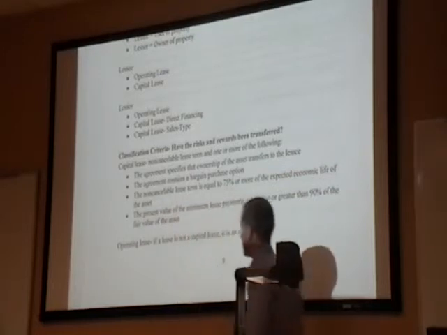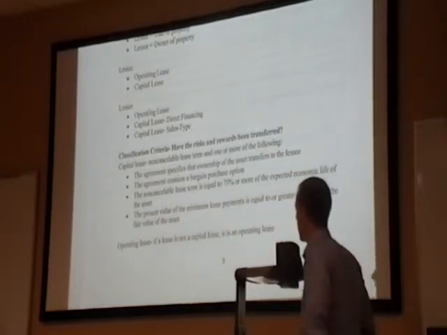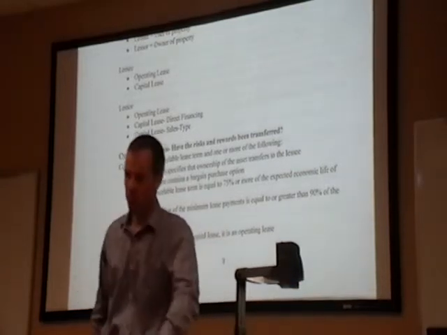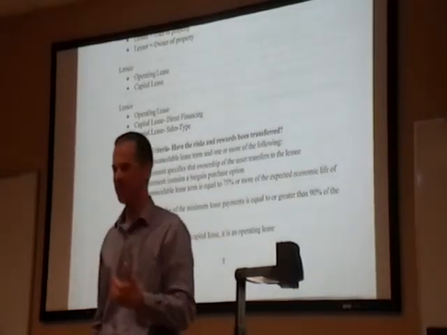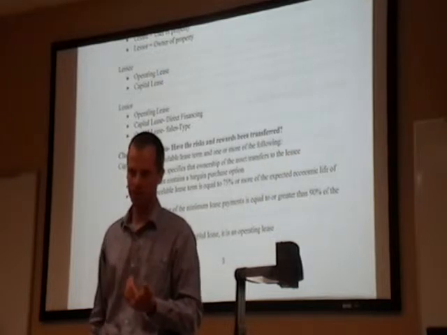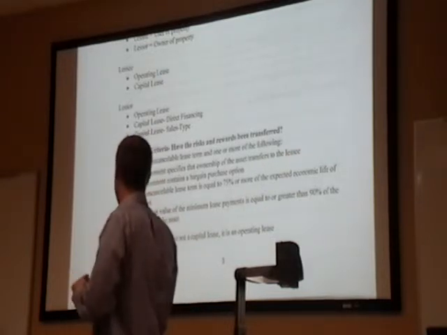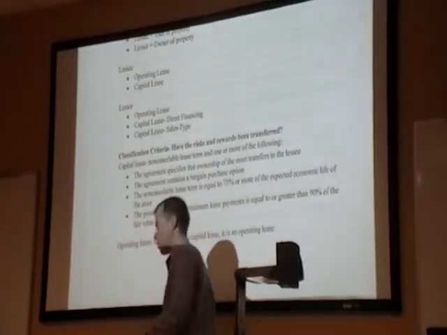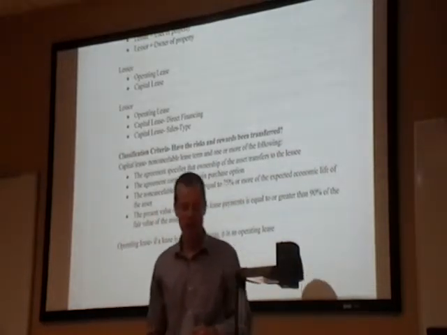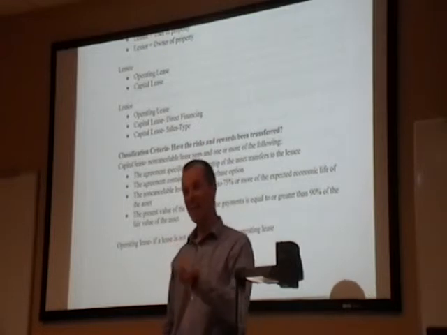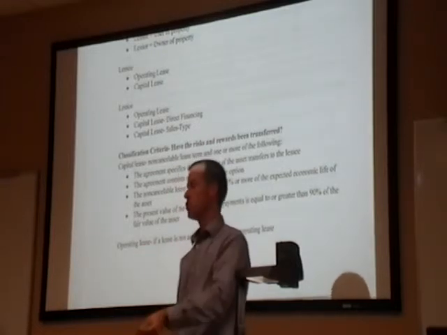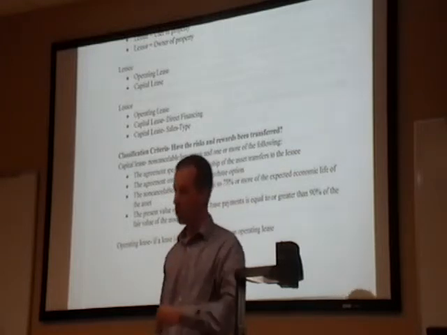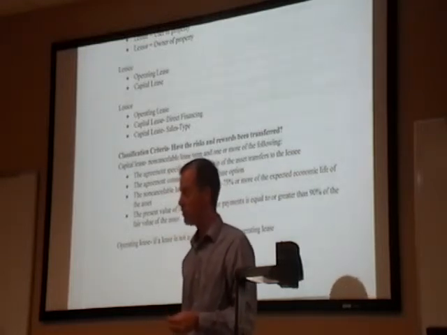The first one is the agreement specifies that ownership of the asset transfers to the lessee. So, at the end of the lease term, if the lessee gets the asset, it has to be a capital lease. The second one, the agreement contains a bargain purchase option. We'll have a definition of bargain purchase option on the next page, but the basic idea is if at the end of the lease term the lessee can buy the asset for significantly less than it's worth, that's a bargain purchase option.